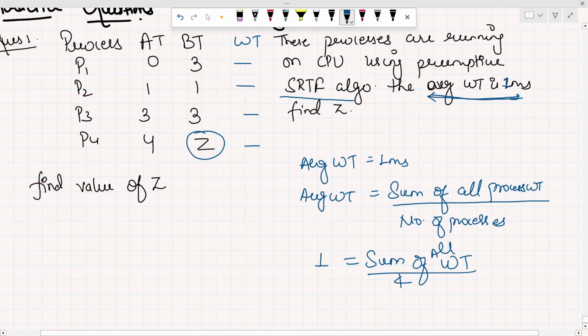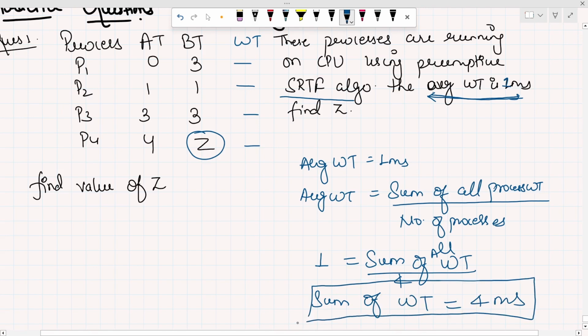So we can easily find the sum of waiting time. The sum of waiting time is 4 milliseconds. So the sum of these 4 values is 4.